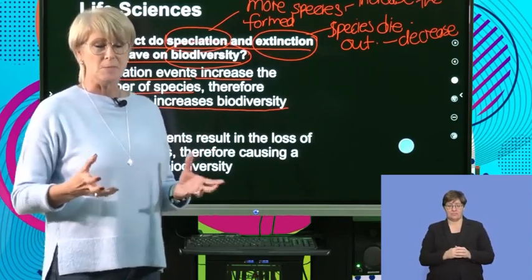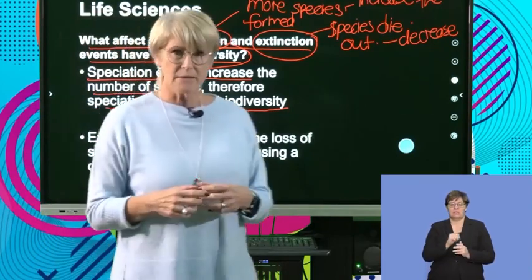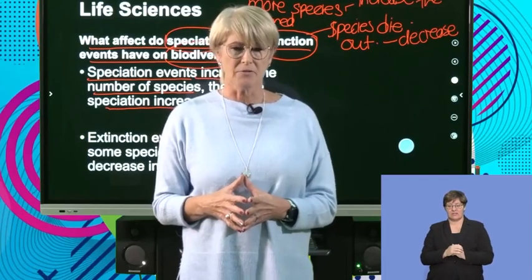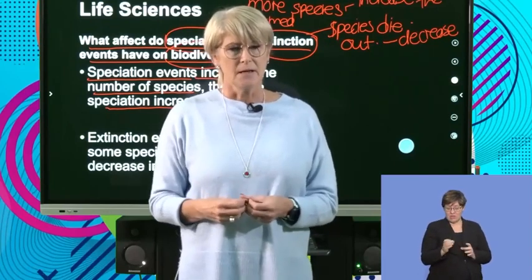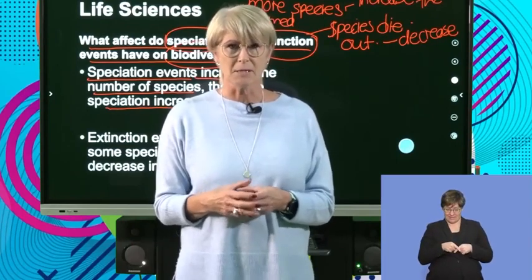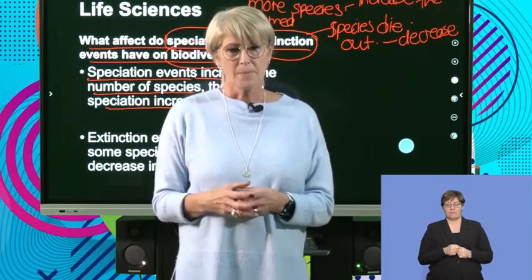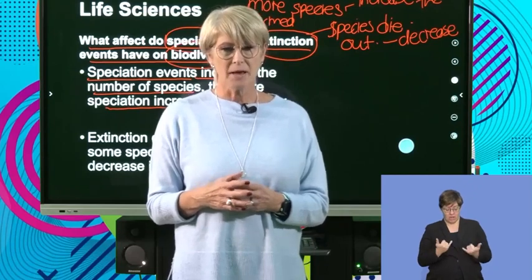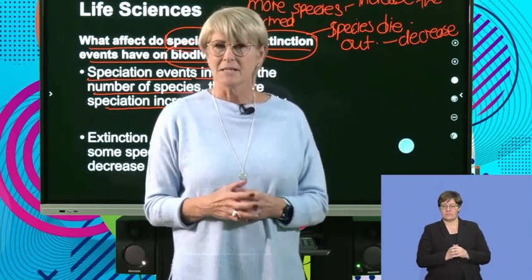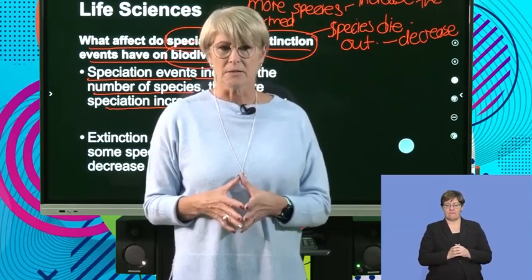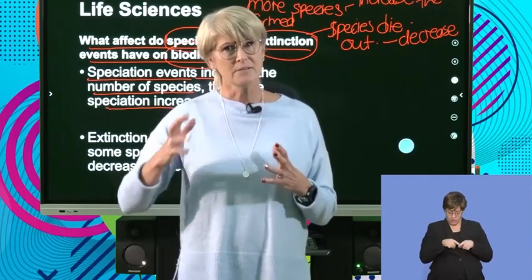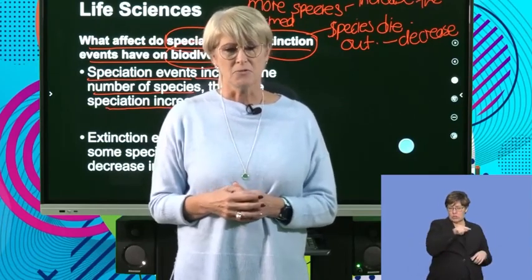With many speciation events, we find there would be an emergence of many species. For example, if we look at the finch species on the Galapagos Islands, they started off with one common ancestor species, so there was one species of finch. Today, scientists who have studied the Galapagos Islands see that there are between 13 and 17 different species of finch.